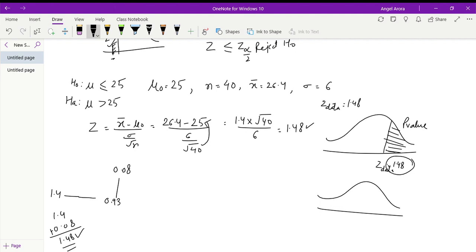0.9306. Wait, this is not the p value, because as I told you in my previous videos, in the chart values have been given corresponding to the left of z values. So this area is 0.9306, but we want the p value area, which is to the right of the z value here.